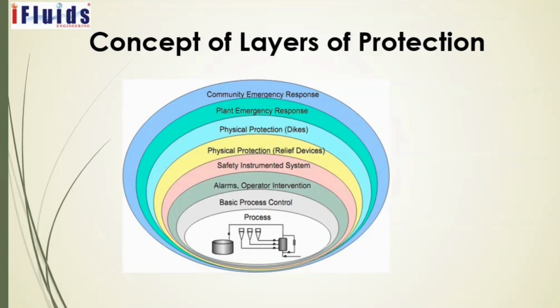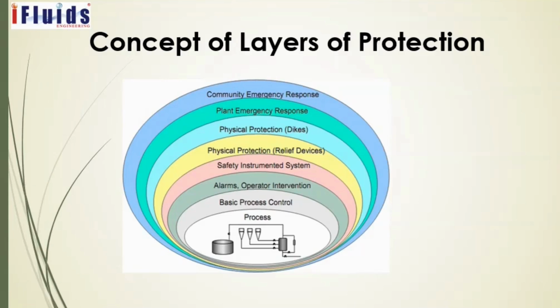Alarms: when the level, pressure or temperature is going to cross the desired value, operator intervention is required when you get an alarm. Next comes the SIS, safety instrumented system. After the alarms, this system is going to trip the system as per how it is designed.